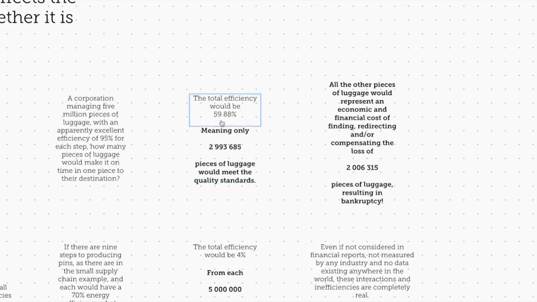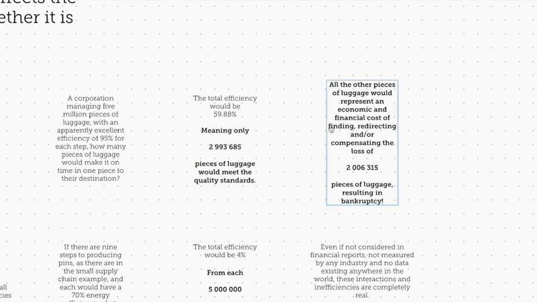So essentially 60% of your luggage will come on time, which are 2,993,685 pieces of luggage, right? They meet the quality standards, and this would be highly, deeply inefficient, economic also inefficiency.